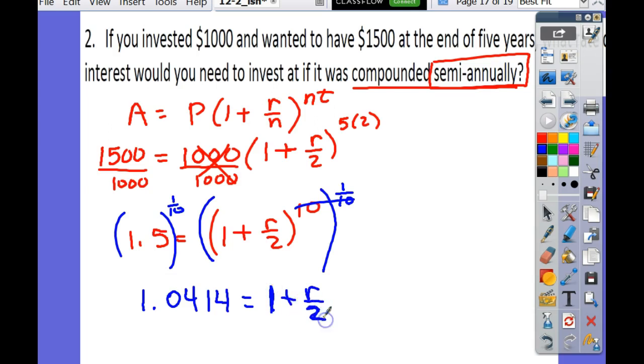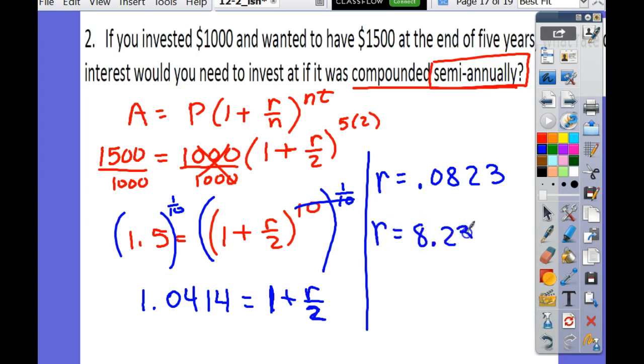What am I going to do with the 2? Multiply by 2, so the R is 0.0823. But rates need to be changed to percent. And so I don't leave the answer like that. It would be 8.23%.